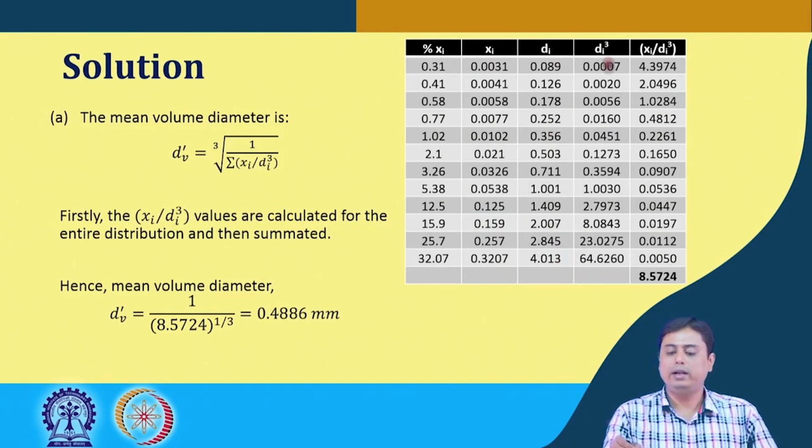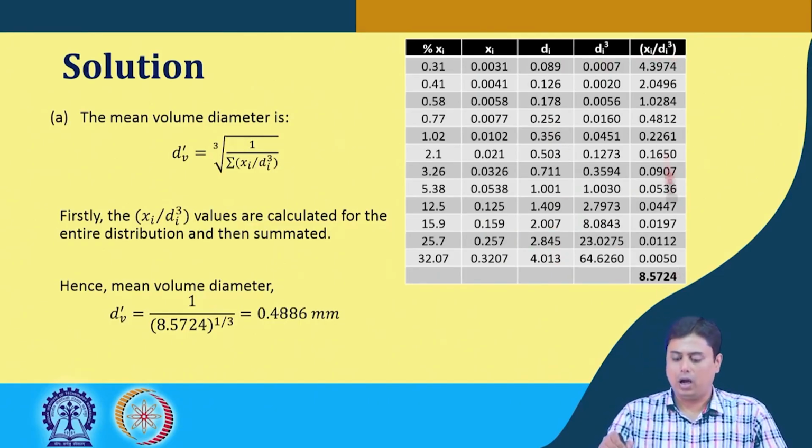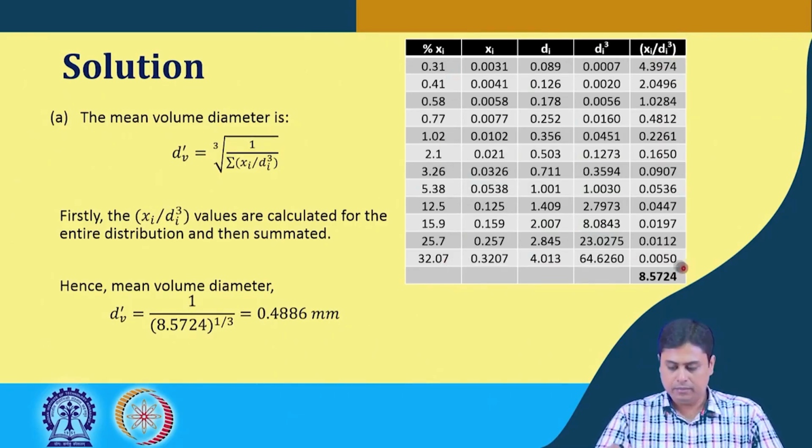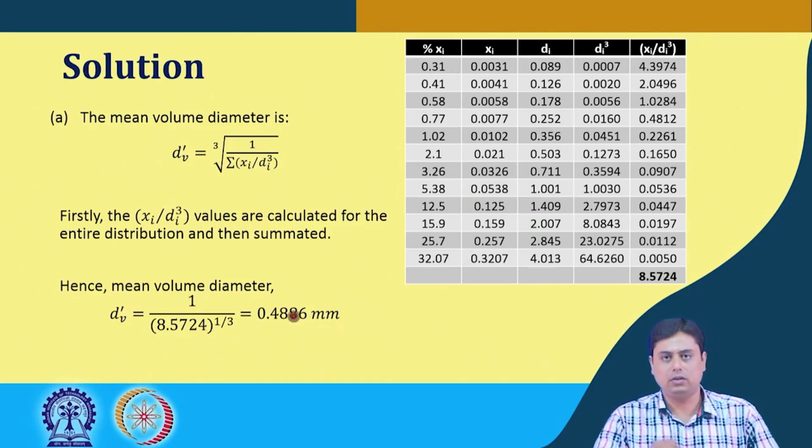We calculate d_i cube to find x by d cube. For all the particle sizes we find that parameter and then sum up this whole last column, which gives us the summation of x_i divided by d_i cube. If we put this value into the expression, we get d prime v, which is the mean volume diameter, the required answer for our case.